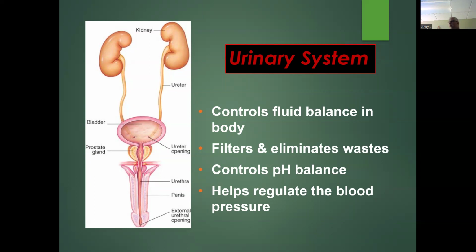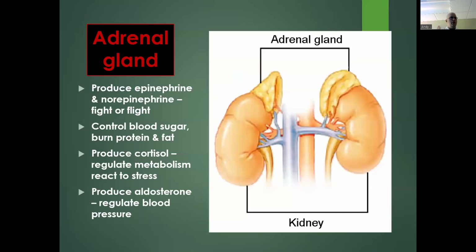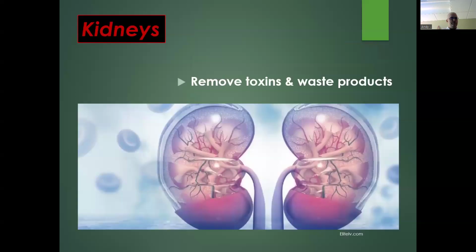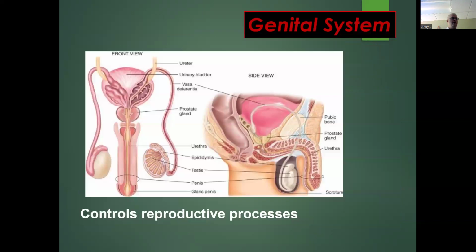This filters and eliminates wastes, controls the pH balance of our body, and it helps regulate the blood pressure by the adrenal glands, by aldosterone, right? So that's part of what they're doing. So kidneys, they're designed to remove toxin and other waste products. They do that and then they expel as urine.